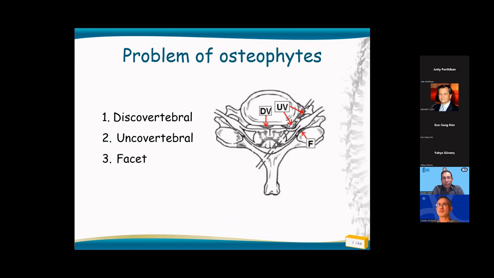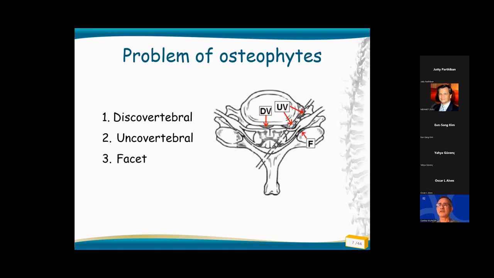We see the problem of osteophytes mainly in 3 locations: discovertebral, uncovertebral, and facet locations. Amongst them, uncovertebral and facet osteophytes cause radiculopathy.